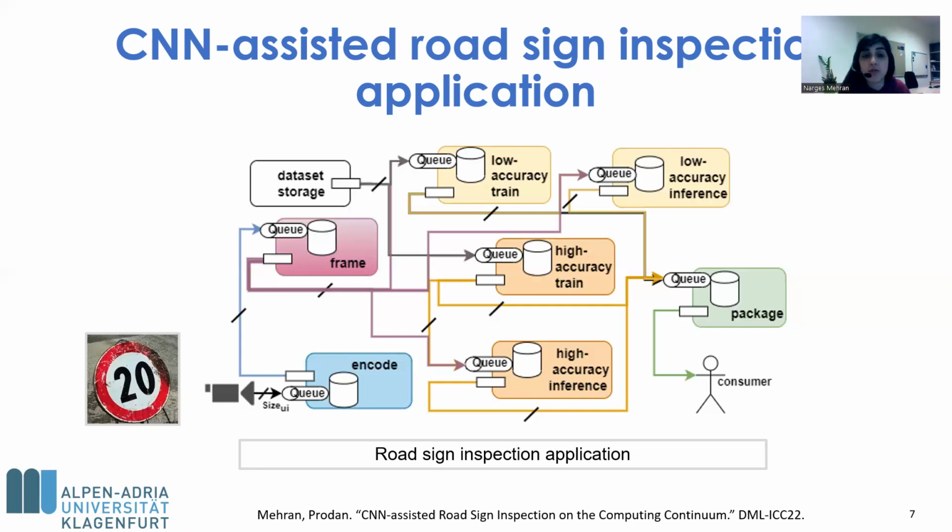So if there are multiple videos being fed into the system, they will be pushed into the queue, and then one by one, that service will pull them, start to process them, and then later on transmit them to the other components such as the framing. The framing also does the same for the training and so on and so on.